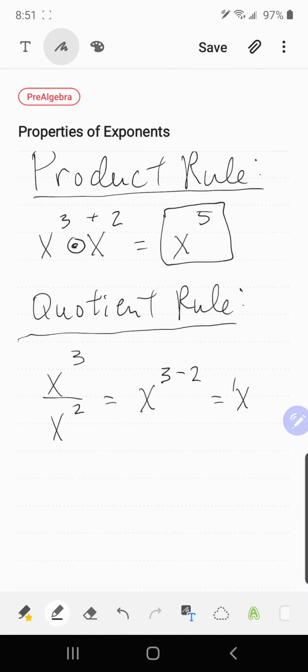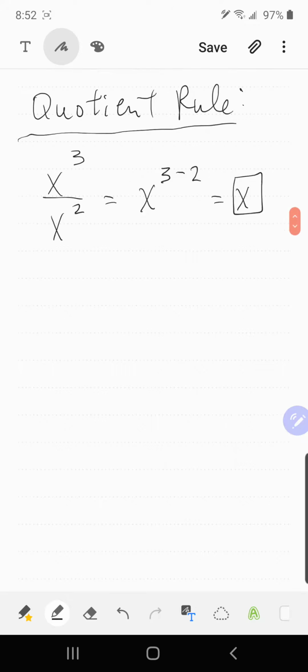And remember, x to the 1 is just x, so we can leave it like that. The way that I like to remember this rule is that a product turns into a plus, but a fraction turns into subtraction.